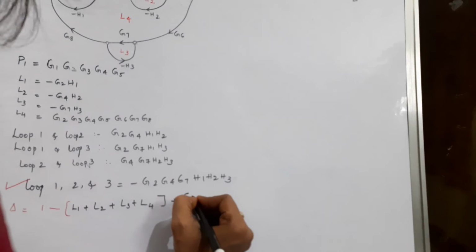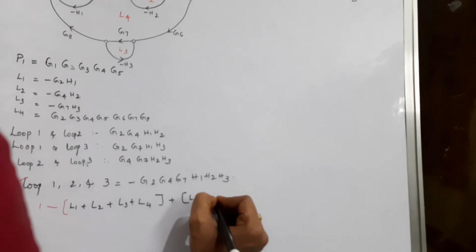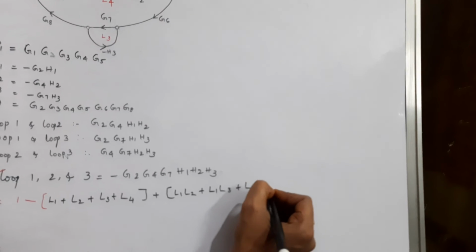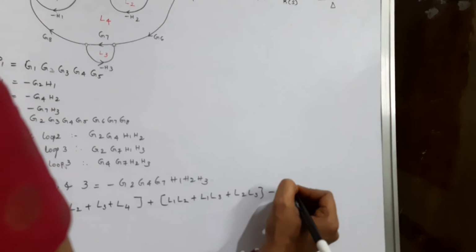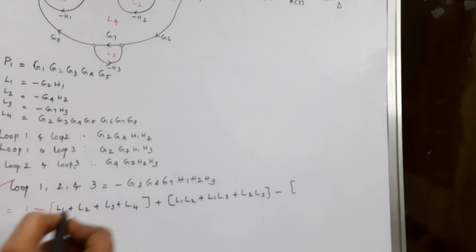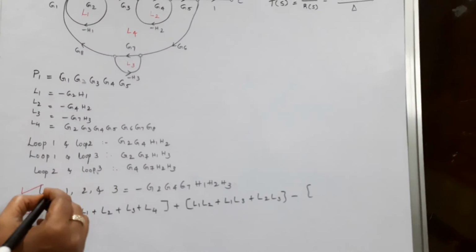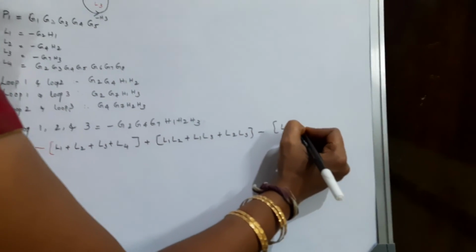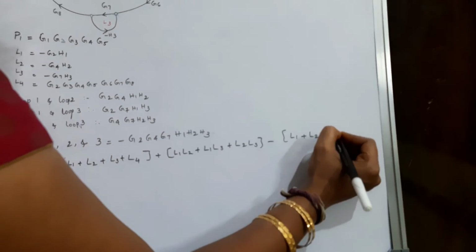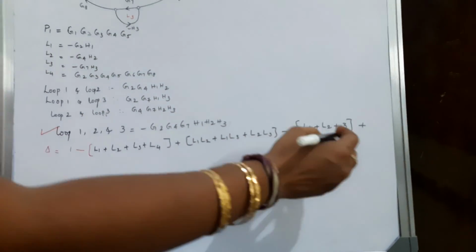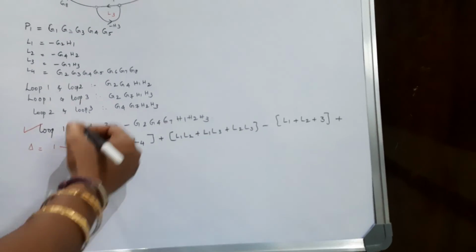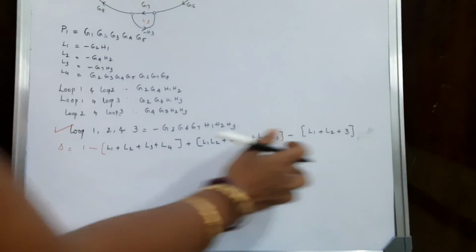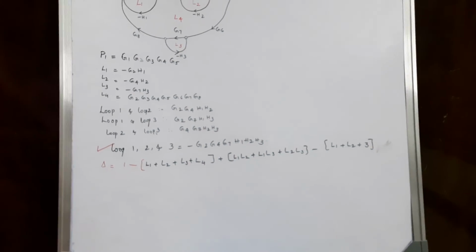So we have 3 combinations such as L1L2 plus L1L3 plus L2L3. Next it is minus summation of non-touching loops taken 3 loops at a time. So I have one combination, that is L1L2L3. Any other combination of non-touching loops taken 4 loops at a time? There is nothing. So hence I end up with this. This is nothing but the whole of delta here.